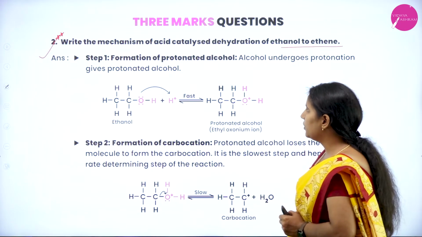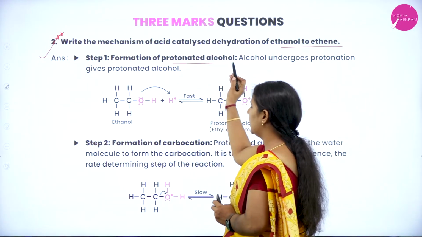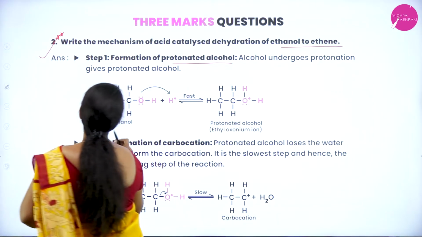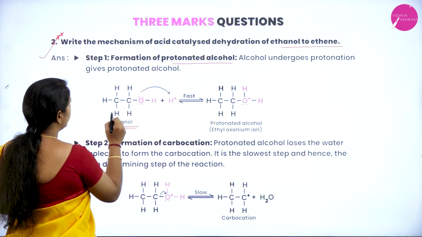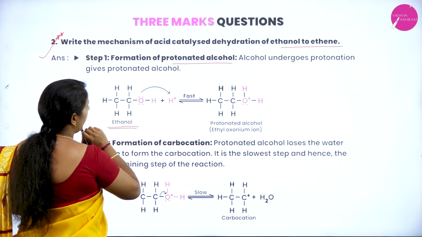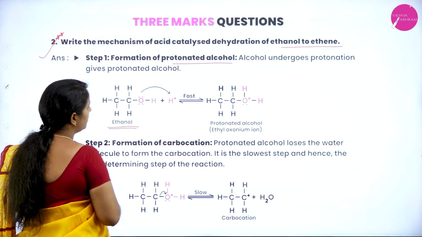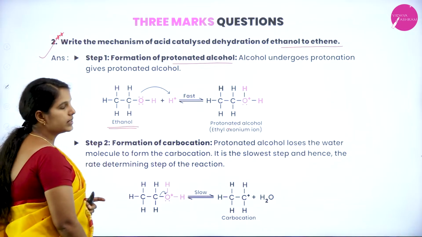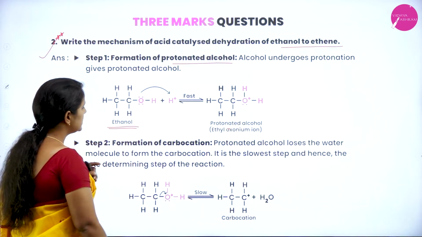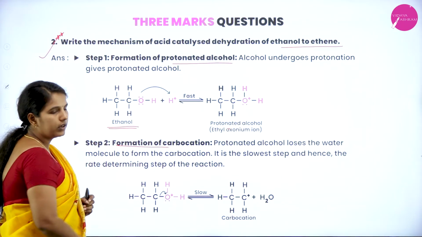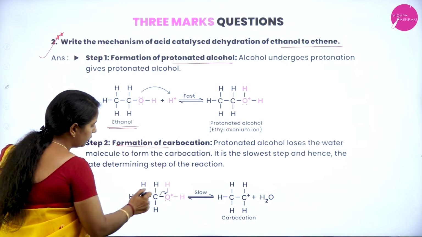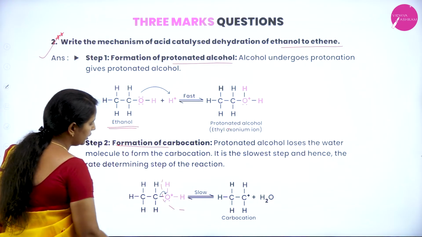In the first step, you need to show the formation of a protonated alcohol. So this is our ethanol, CH3CH2OH, which accepts one proton. Thereby it forms a protonated alcohol. This is the first step. In the second step, the formation of the carbocation. Once the protonated alcohol has been formed, it loses its water molecule.